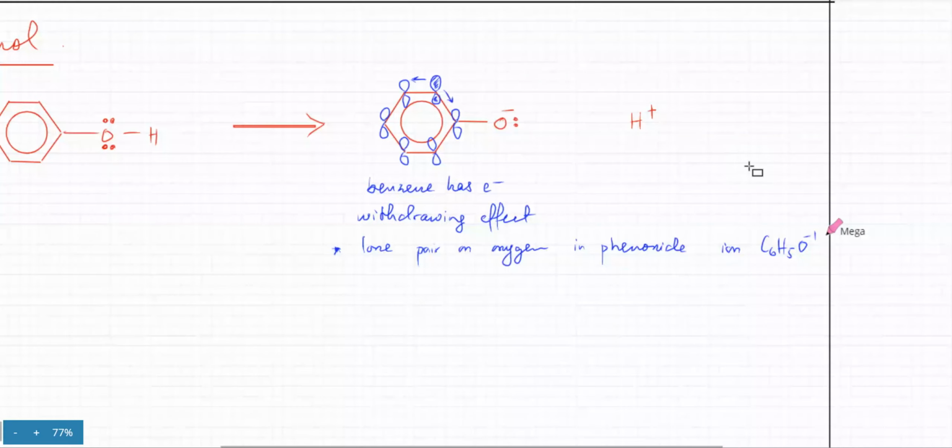So the lone pair on this phenoxide ion, this oxygen ion over here, it eventually overlaps with benzene's pi electron cloud, and the negative charge gets more distributed. So the negative charge overall, its charge density decreases, and it no longer attracts the H plus 1 very, very strongly. So that's the whole idea.